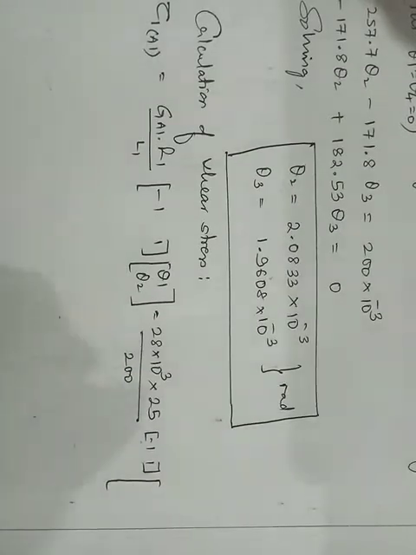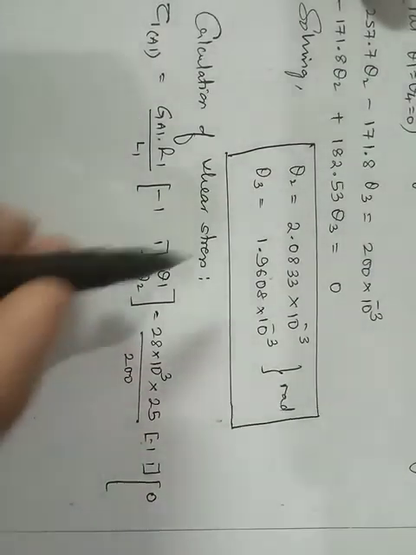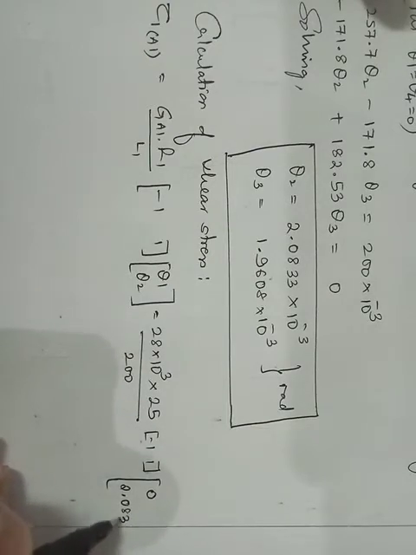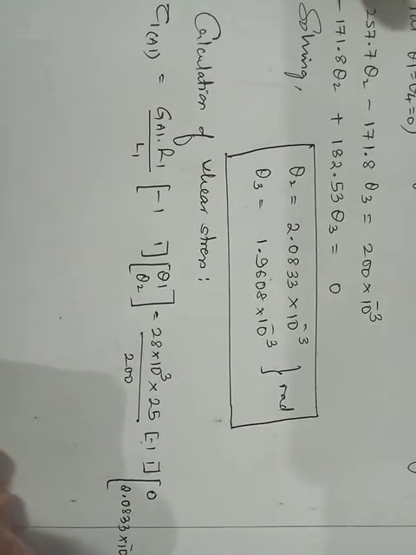Next, theta 1 is 0. Theta 2 is 2.0833 into 10 raised to minus 3.